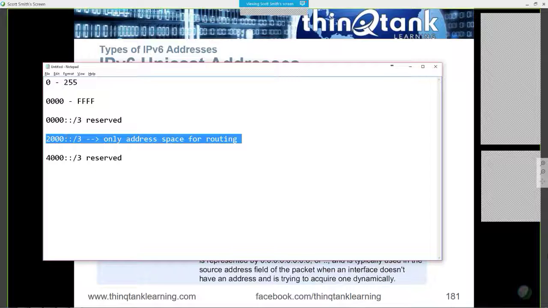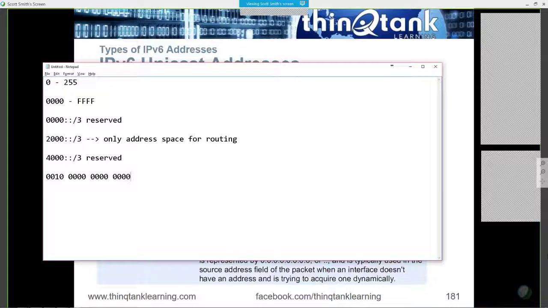So let's talk about what that means. 2000 is 0010, 0000, 0000, 0000. You guys agree with that? Remember, 2000 is hex. And I converted that hex to binary. Shake your head yes? Okay.